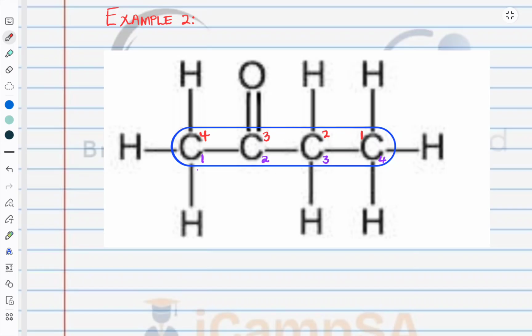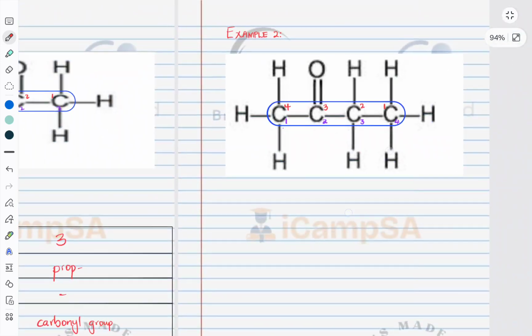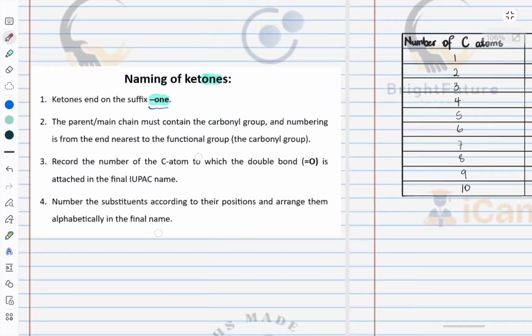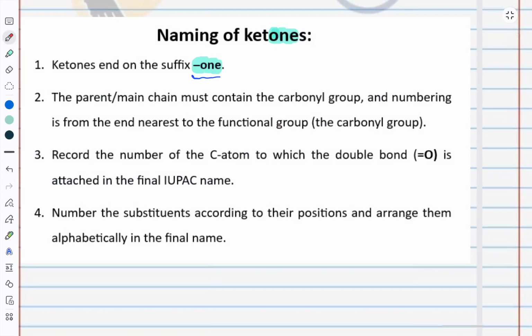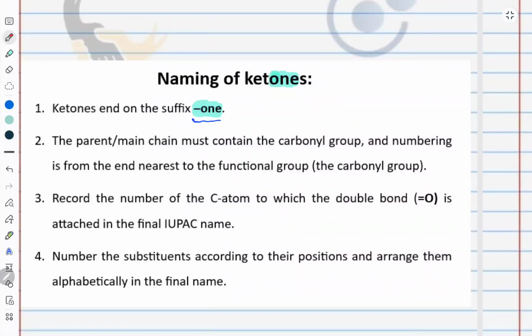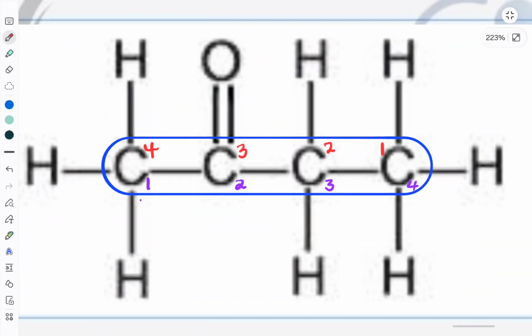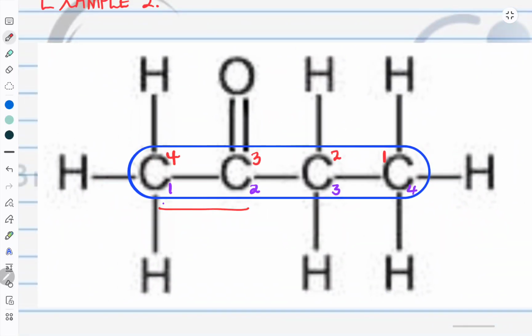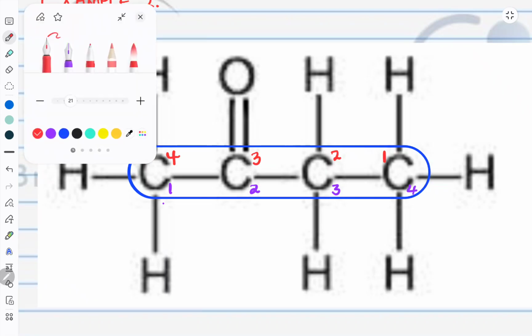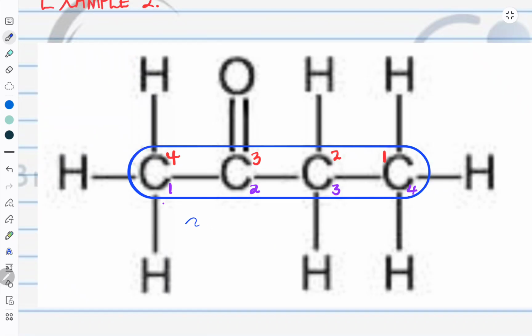So we prioritize the side that places the carbonyl group as near as possible to the first carbon atom, which is this rule number 2. We number from the end that is nearest to the functional group. So that end in this case is from left to right. The left end is much closer to the functional group.